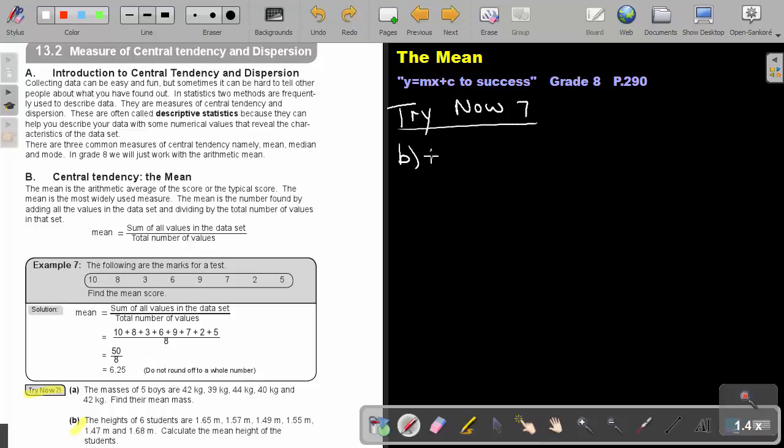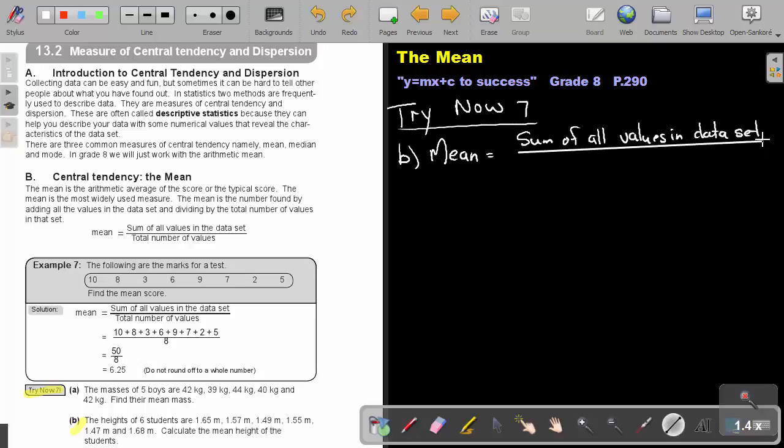Okay, so if I want to find the mean, it's just going to be the sum of all values in the data set, and I'm just going to divide it by the total number of observations. Okay, so let's just start adding it up.